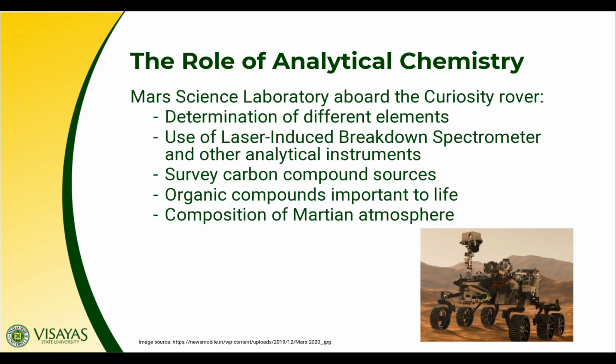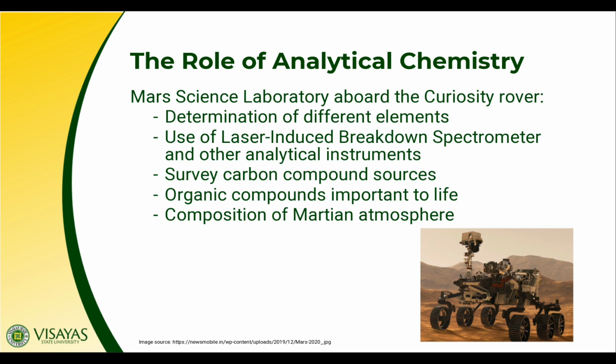Also, the Mars Science Laboratory aboard the Curiosity rover contained an analytical chemistry lab. So it was actually used in the determination of different elements present in the Martian atmosphere as well as in the surface of the planet. So there were surveys conducted on the carbon compound sources for the planet as well as the organic compounds that could be important to life.